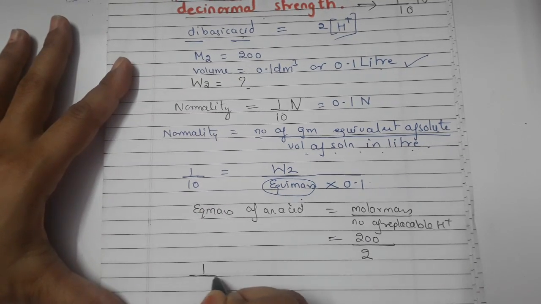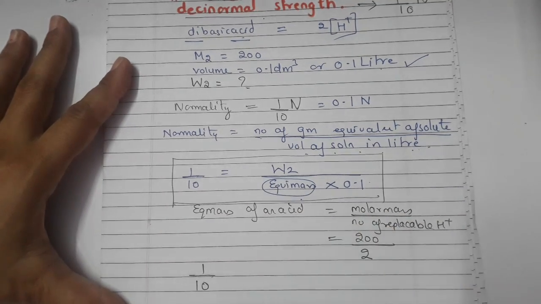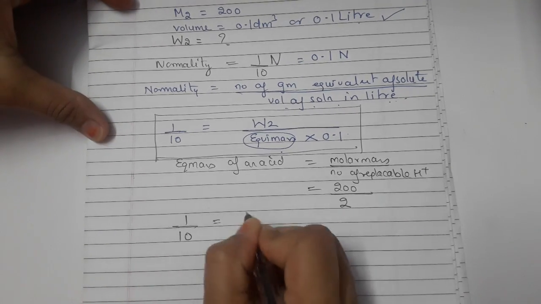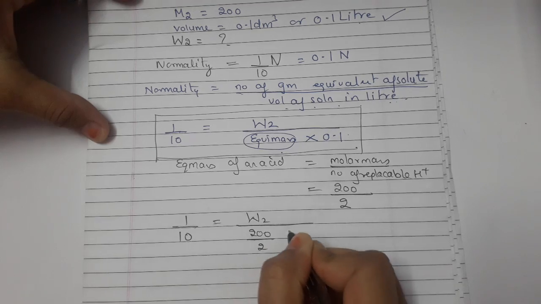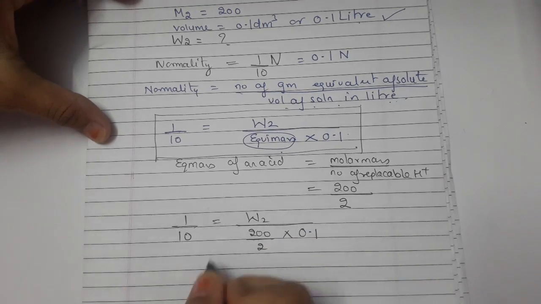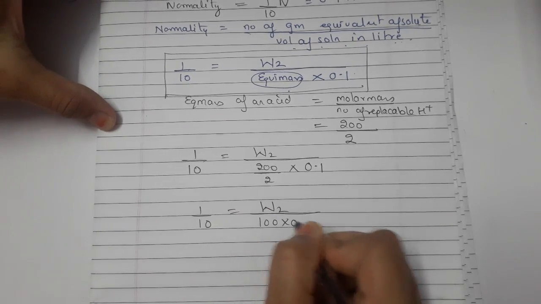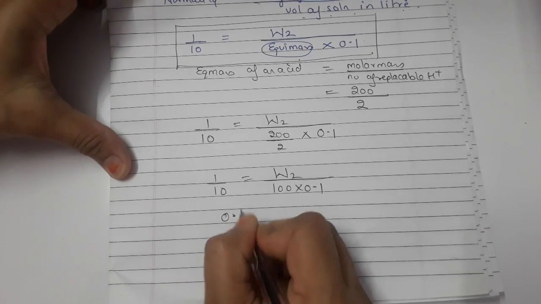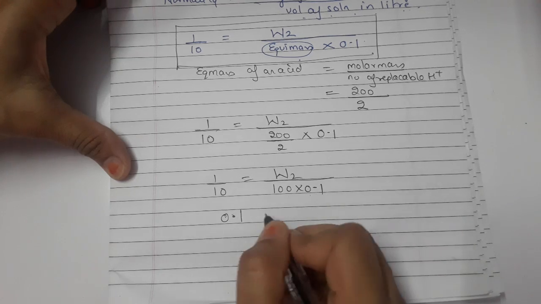Now I will copy this entire expression below. So I write 1 upon 10 is equal to W2 upon 200 upon 2 into 0.1. Alright, so 1 upon 10 is equal to W2 upon 100 into 0.1. 1 upon 10 can be written as 0.1. 100 into 0.1 would be 10, isn't it?